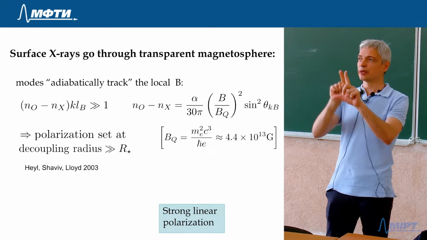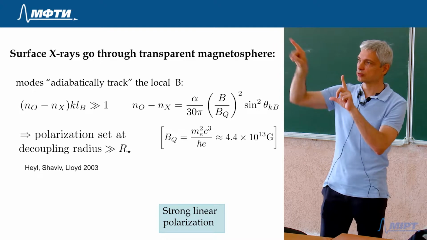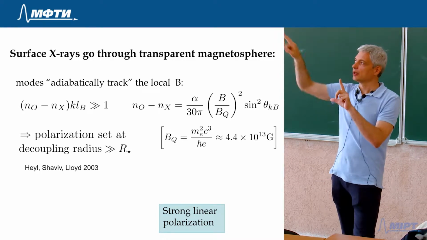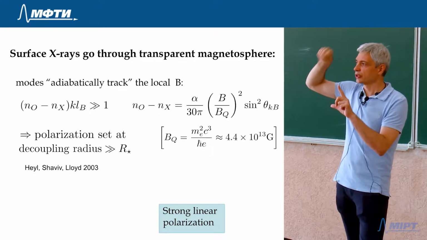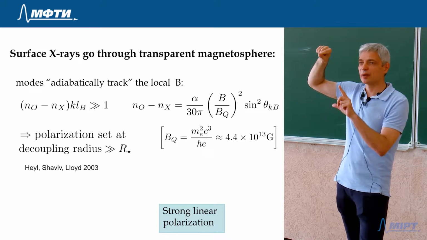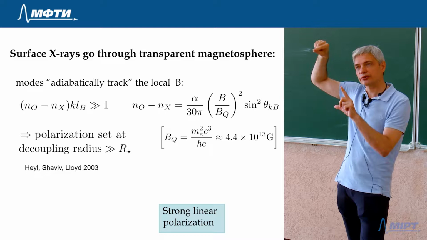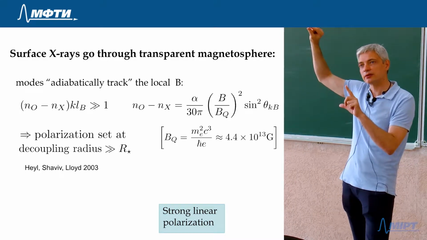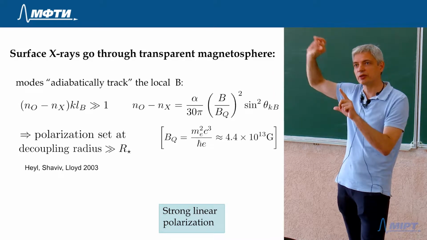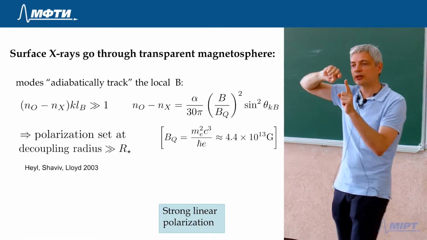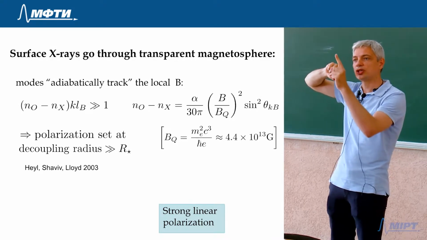As the photon propagates through the magnetosphere along the straight line, this is a high-frequency photon. This is a keV X-ray. It oscillates so frequently that it adiabatically tracks and stays in the local eigenstate. It's like in quantum mechanics, if you remember. It stays in the same eigenstate. And the local magnetic field is gradually, adiabatically changing direction.